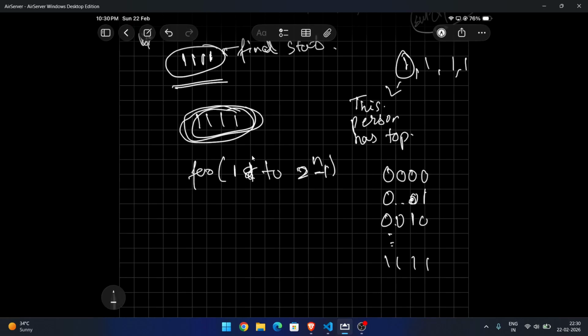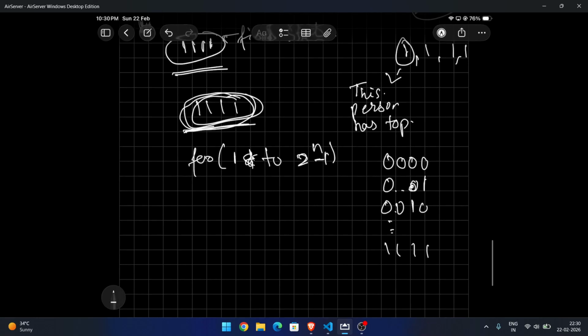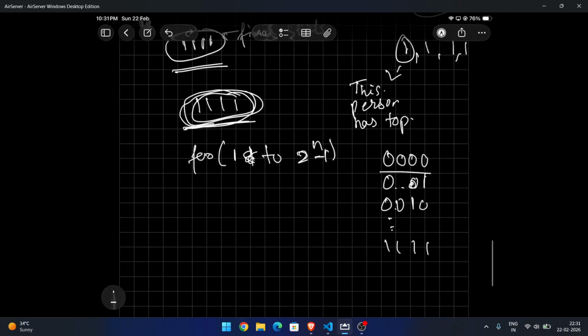For this state, what are the states we can reach from? We would check for every position whether we can reach from this state or not. The one thing you will notice is that we can only reach from this state to this state if there is no 0 here and there is 1 here.